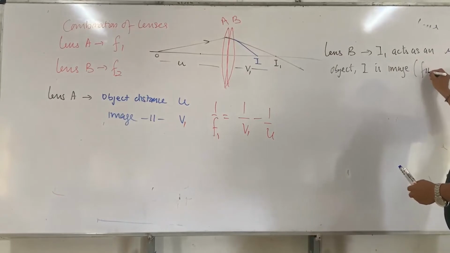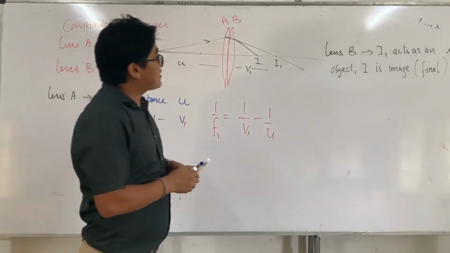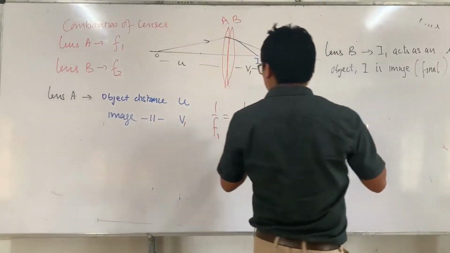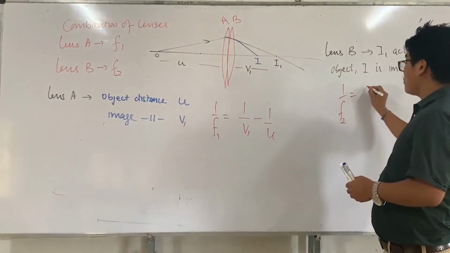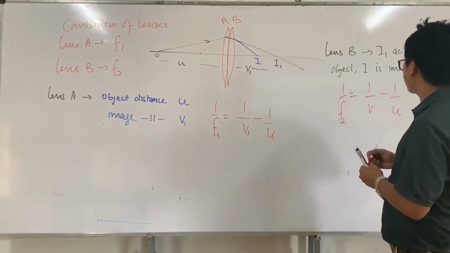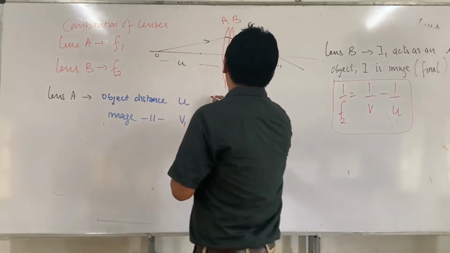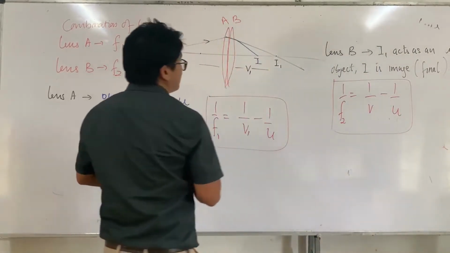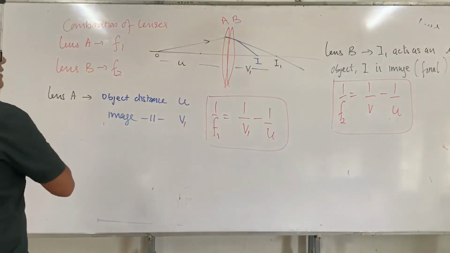I write here, final image. Then what about the lens formula? 1 by f2 is equal to 1 by V minus 1 by U1. This is what we have for lens 1, lens 2.